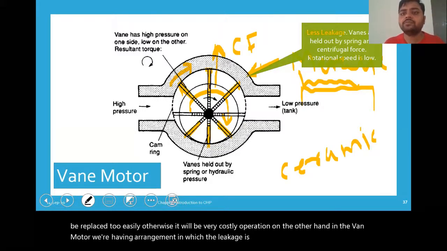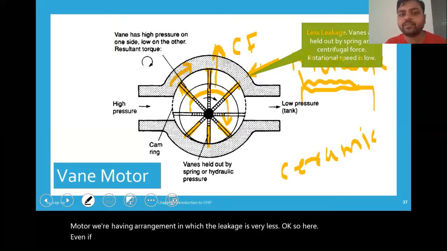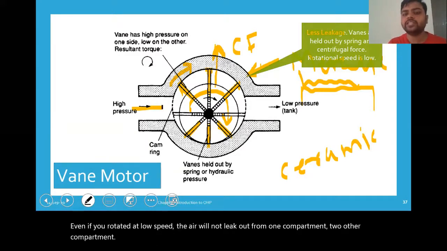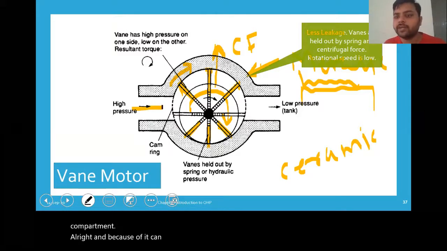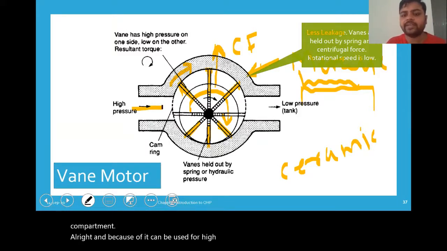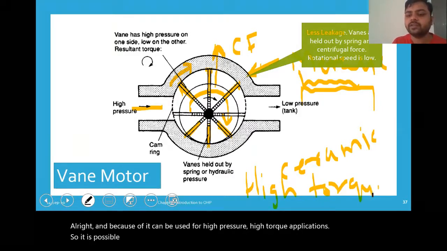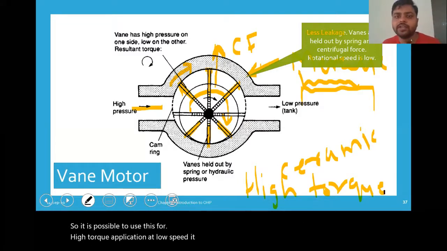So here, even if you rotate it at low speed, the air will not leak out from one compartment to another compartment. Because of this, it can be used for high pressure, high torque applications. It is possible to use this for high torque application at low speed, which is not possible for the gear motor. I hope you are all comfortable with this.